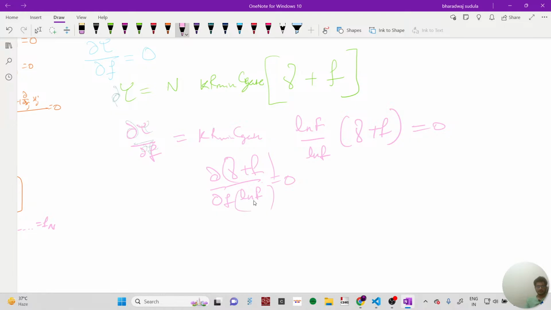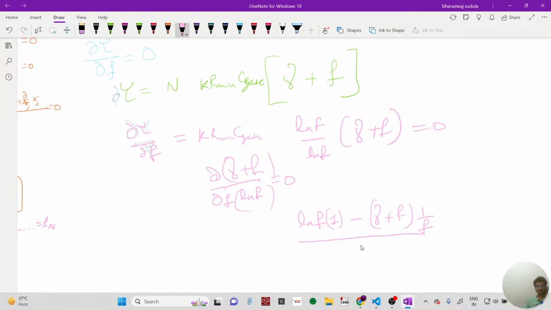So what is this? U by v. So u by v: ln f, differentiation of gamma plus f is 1. Fine. And gamma plus f, differentiation of ln f is 1 by f, right?